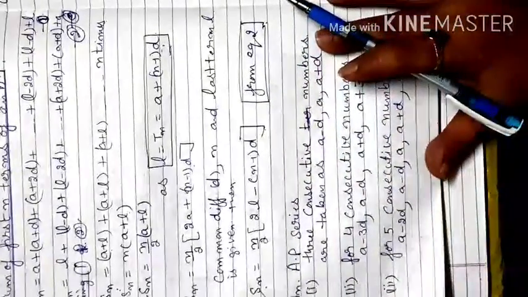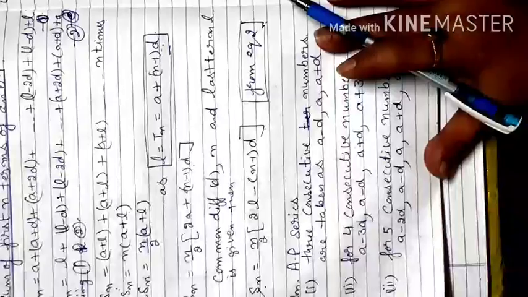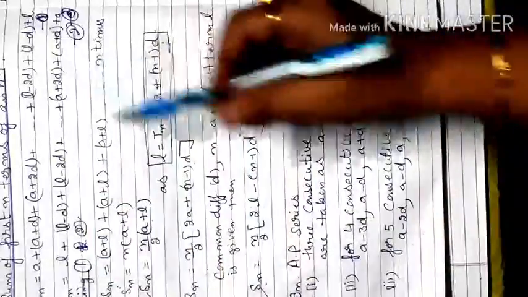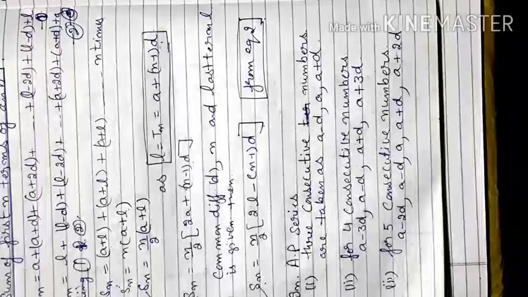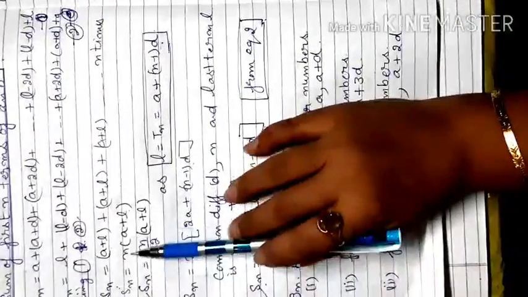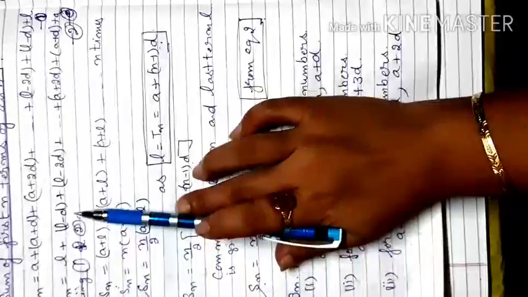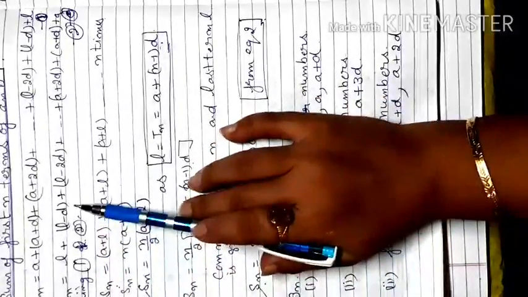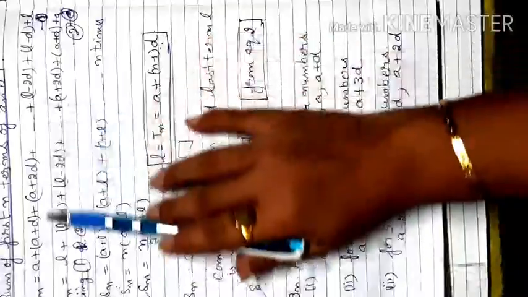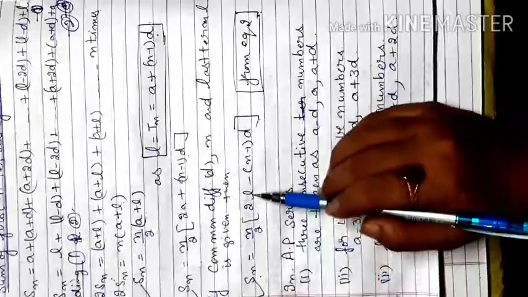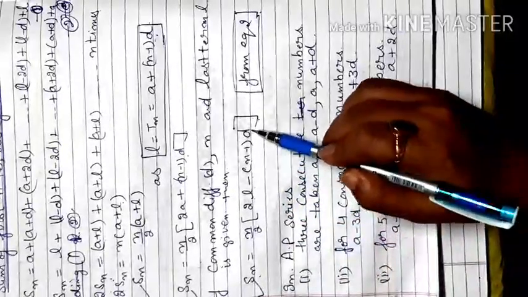Suppose these three terms are given to you, you have to find the first term. Okay, so if you just look at this equation, if I reverse the series, our last term becomes the first term, and the second term becomes L minus d. If you apply the sum of terms formula here, that gives you exactly the formula Sn equals n by 2 (2L minus n minus 1 d).